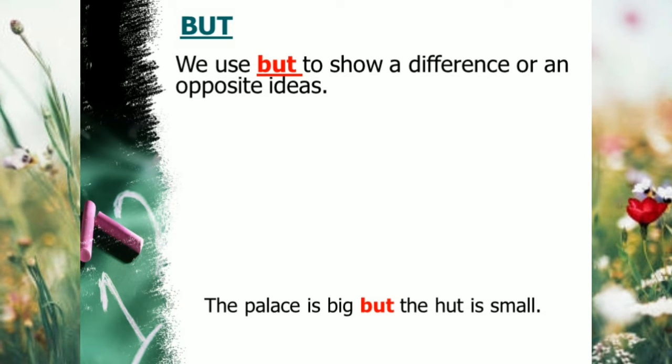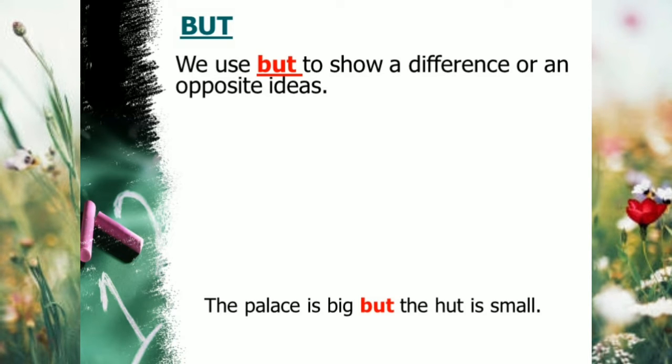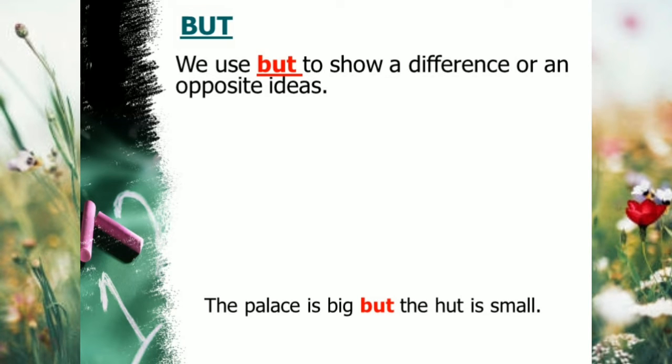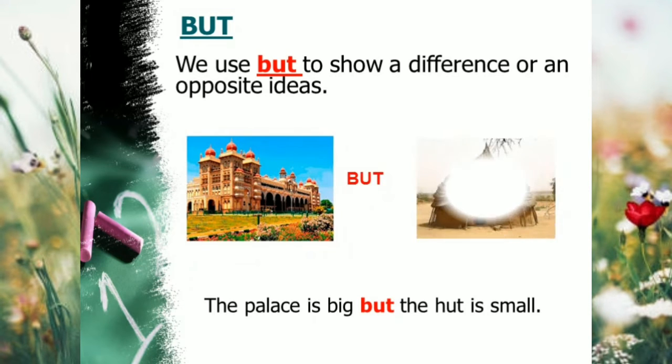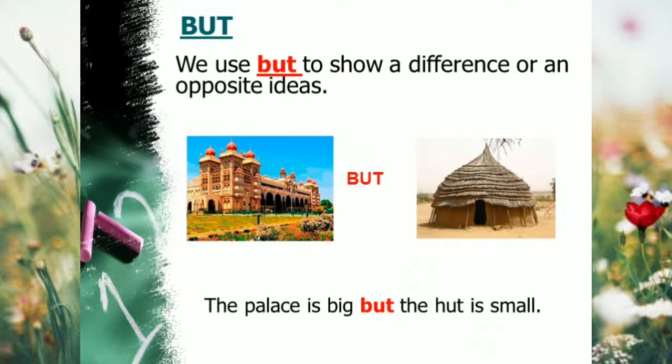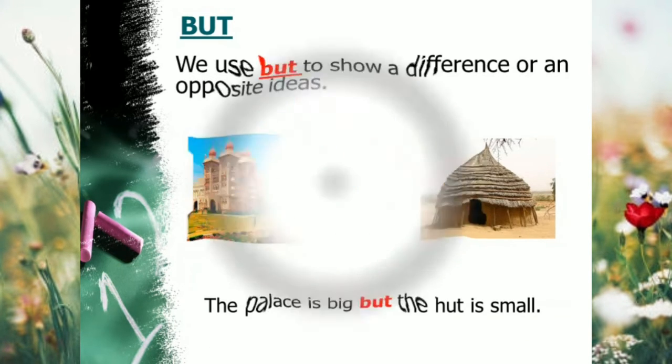Here in the example, the palace is big but the heart is small. Here we are comparing two things. So here we will use but. As you can see in the picture also, there is a difference between the two things.